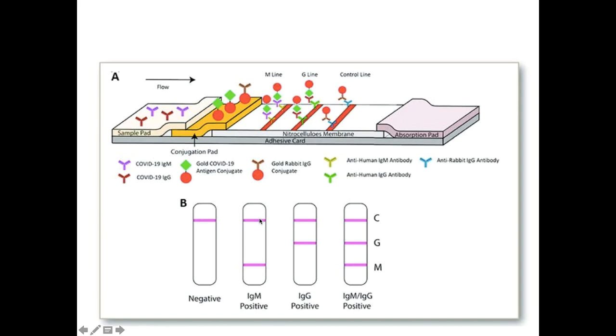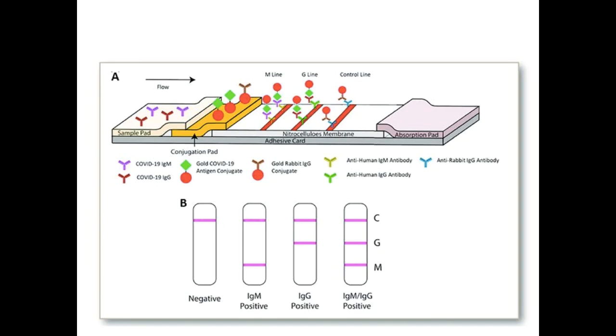In all cases we will get the line in the control line, which indicates that the assay is performing perfectly well. On the other hand, there are two test lines, IgM and IgG. If the infection is recent, we will get, along with the control line, a glow in the IgM lane.